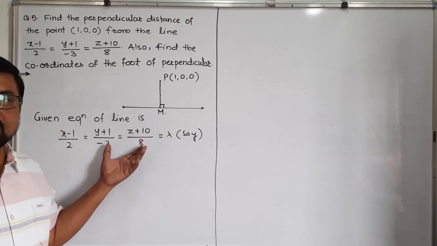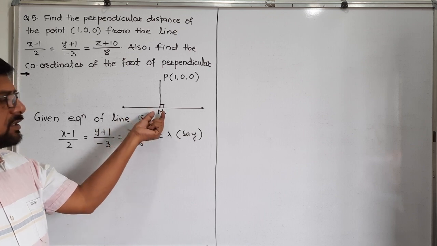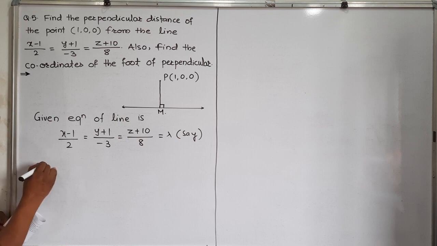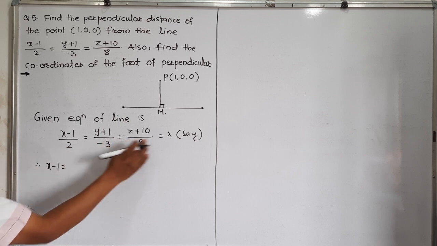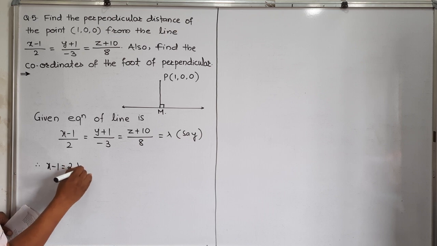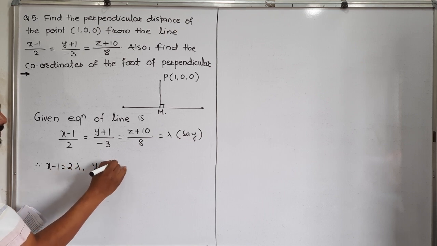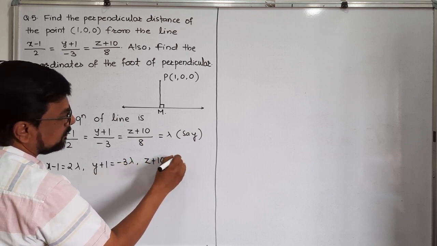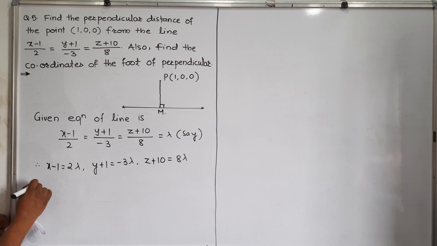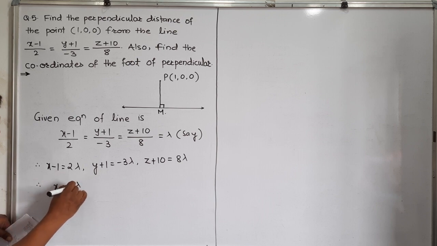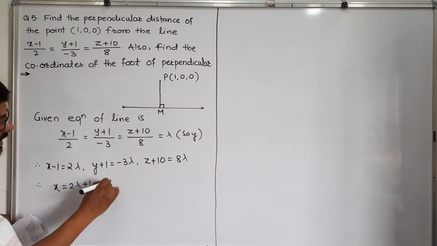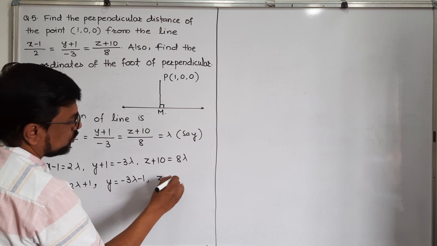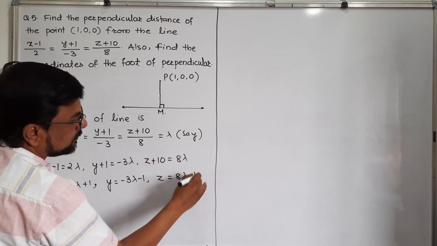Now we are going to find the general point on this line, that is, the coordinates of point M. Therefore x minus 1 is equal to 2 lambda, y plus 1 is equal to minus 3 lambda, and z plus 10 is equal to 8 lambda. Therefore x is equal to 2 lambda plus 1, y is equal to minus 3 lambda minus 1, z is equal to 8 lambda minus 10.